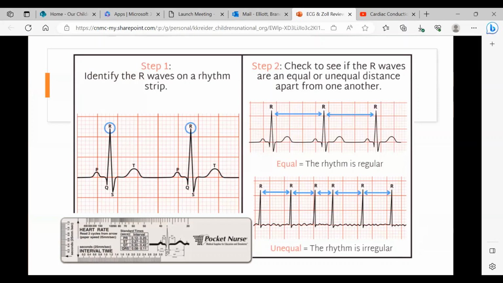That may also come into play in determining what type of rhythm you have. The PR complex is generally there, but just determine off the bat if the rhythm is regular or irregular. We're looking at the RR interval, and that will also give us an idea of how fast or slow the rate is.